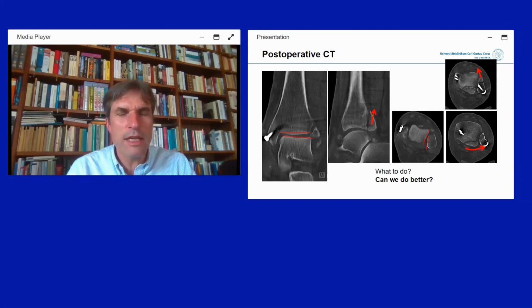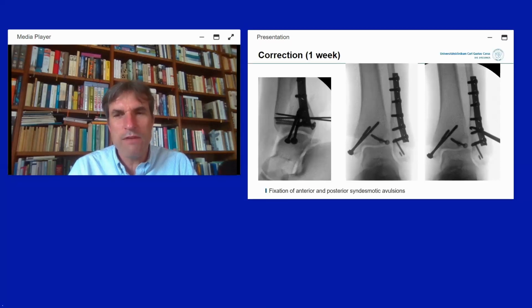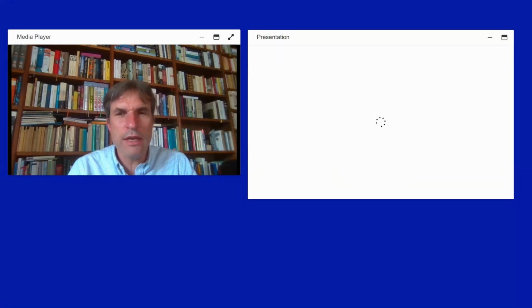So I agree this is not a horrible deformity, except maybe for the rotation, but it is a young patient, and this is now 2 days after surgery. So the question is, of course, can we do better? So we thought we can, and we added a posterior malleolar fixation just with screws and an anterior malleolar fixation with a small screw and another suture anchor.